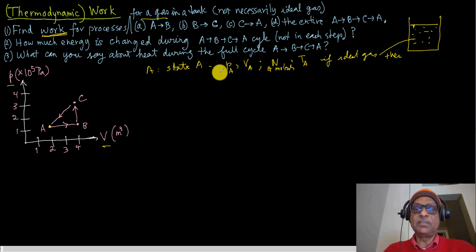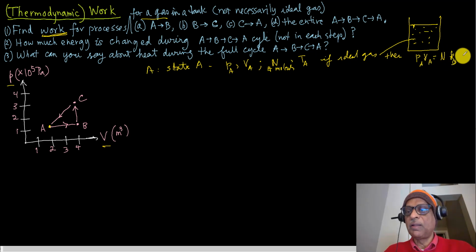These quantities are related by the equation of state: PA VA equals N, the number of molecules, times the Boltzmann constant times TA.